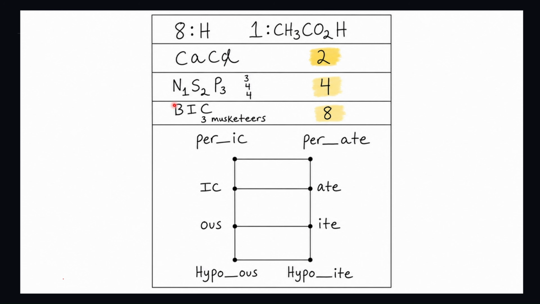And last, we have the big family, which consists of 8 members. They're also known as the 3 Musketeers because it's 3 of them, and all 3 of them end with a subscript of 3. And finally, I have the path that will help you find the anions and the acid family members.